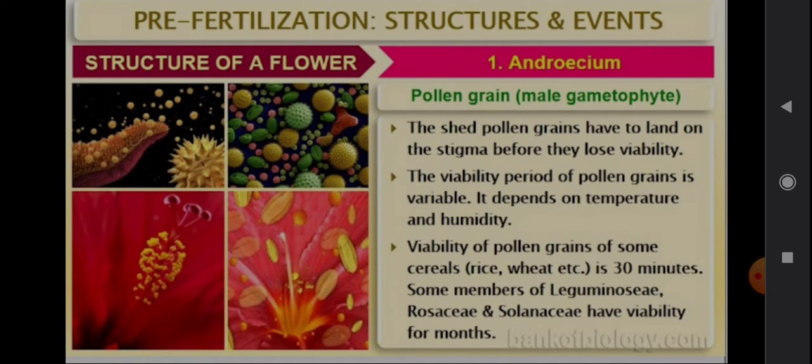It varies for different species and mainly depends on temperature and humidity. In cereals like rice and wheat, the viability is 30 minutes, whereas in some other members it is for months, like members of Leguminosae, Rosaceae and Solanaceae.